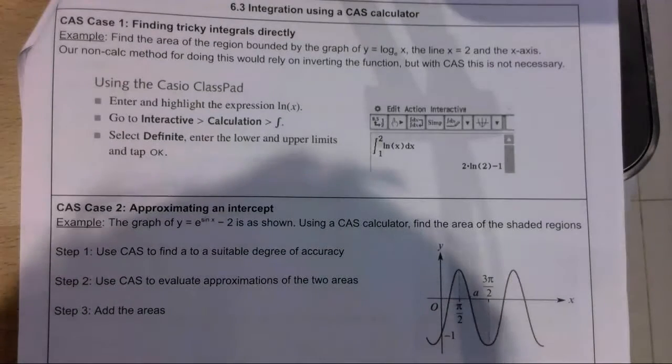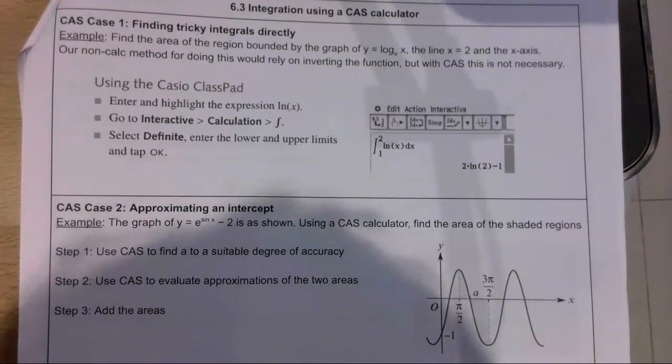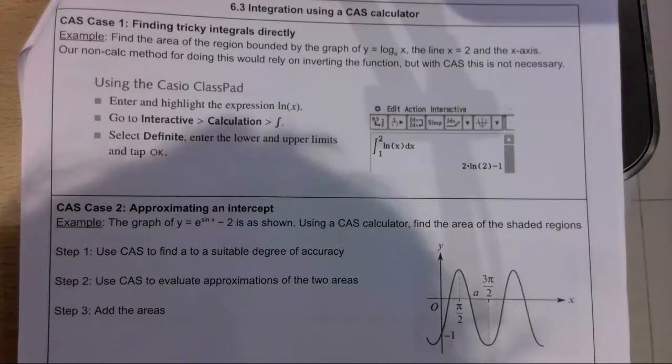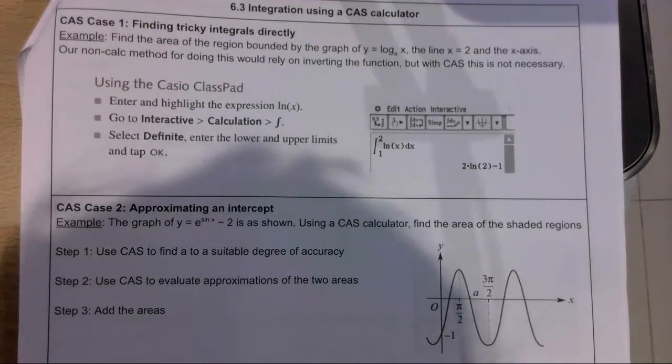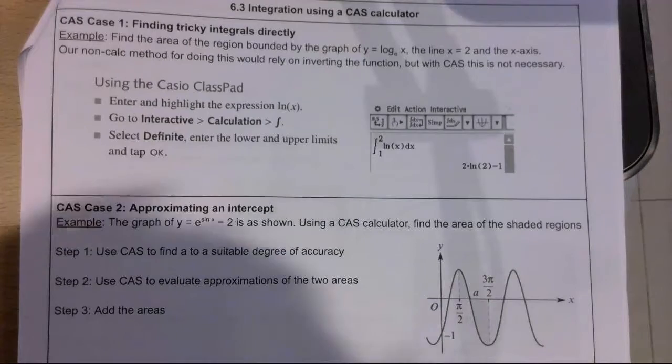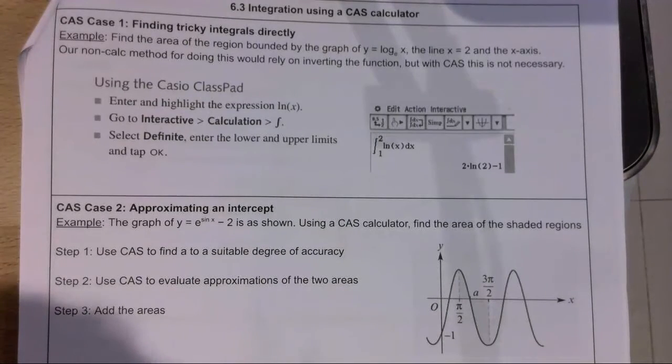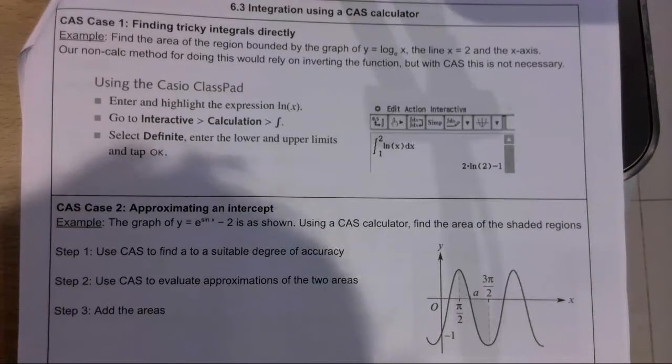If we find something that we don't know how to integrate by hand, our calculator can help us with it. We find the integral function under interactive calculation, or you can actually find it on your keyboard, but you've got to choose the definite option, and then you can put in your limits, and away you go.